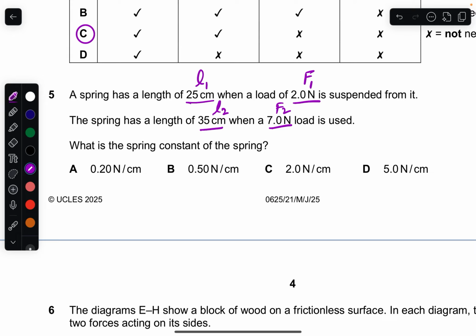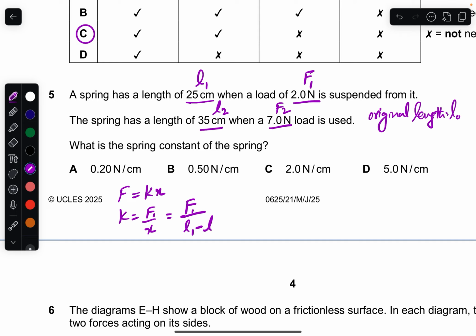We don't know the original length, so from Hooke's law we know that F equals kx. So k can be written as F over x, where x is the change in length. Let's call the original length L naught. So you can write it as F1 over L1 minus L naught.